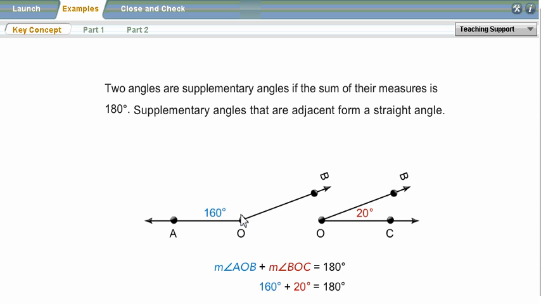We now have 160 and 20, which is still 180. We started out with 90 and 90. If this was 100, this would be 80. Remember, they don't have to be adjacent to be supplementary.